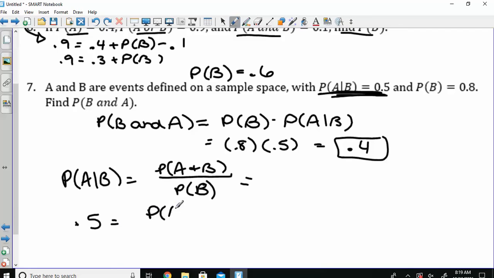So then we can plug in, this is 0.5 equals probability of A and B divided by 0.8, and then multiply over your 0.8, and you get the same thing. So sometimes there's more than one way to set it up. That's why I encourage you to show me how you are doing it.